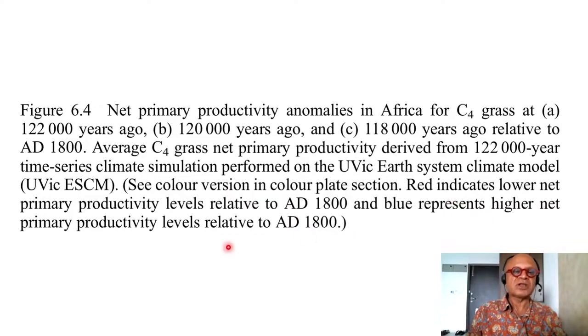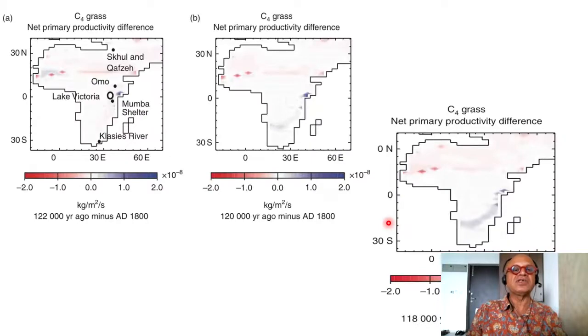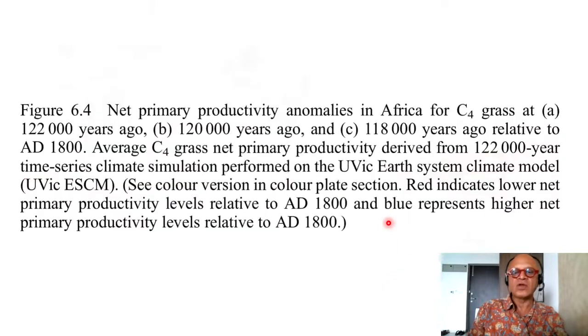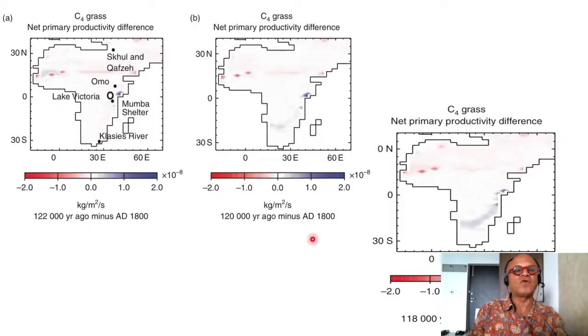Red indicates lower net primary productivity levels compared to 1800, and blue means increase, obviously. So there are also the sites shown as before. So you can see net primary productivity 122,000 years ago, and C3 and C4 change, and 118,000 years ago.